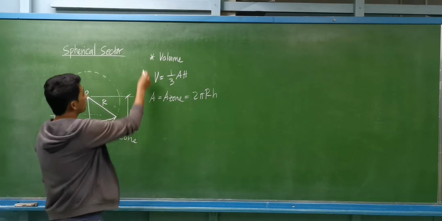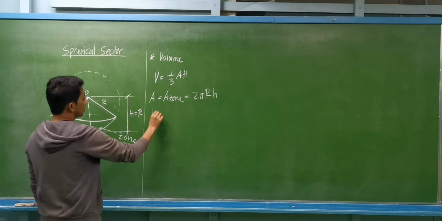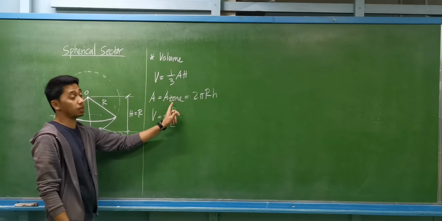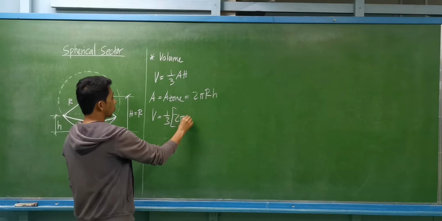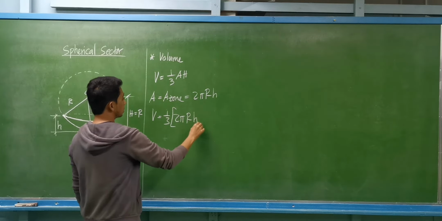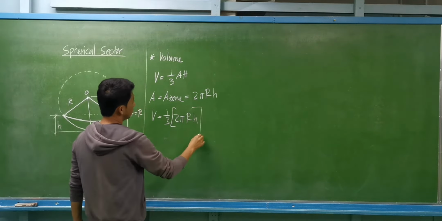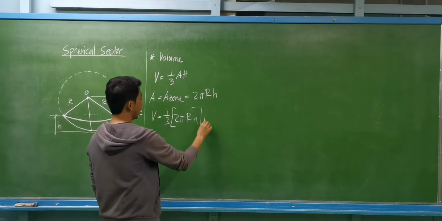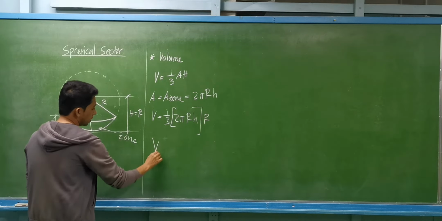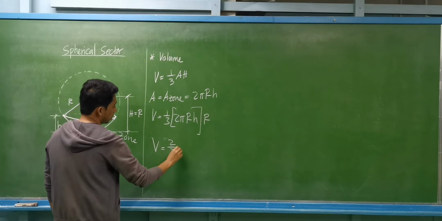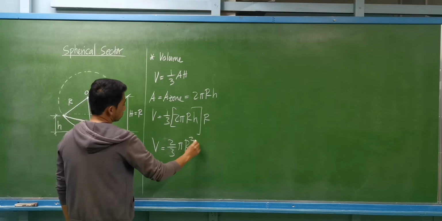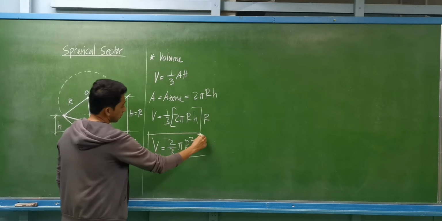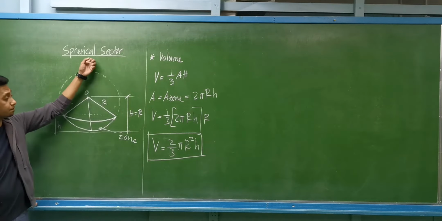So if you simplify, the volume is the same as 1/3 times our base area, which is the area of the zone, 2 pi, the radius of the sphere, the height of the zone, then multiplied by the altitude, which this time is the same as the radius of the sphere. So if you simplify the equation, this is the same as 2/3 pi, the radius of the sphere squared, multiplied by the height of the zone. So this is the simplified formula for the volume of a spherical sector.